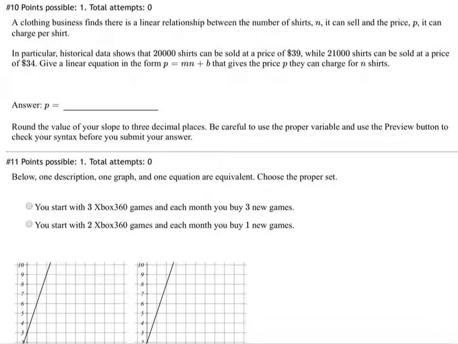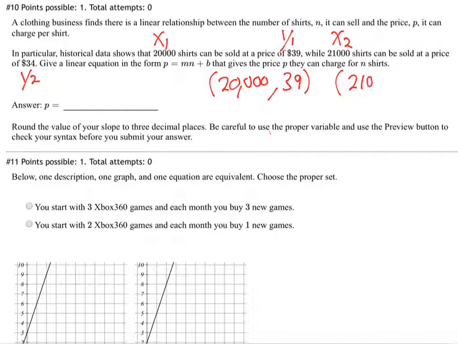Let me show you. This is X1, Y1, X2, Y2. They're telling you 20,000, comma, 39, and 21,000, comma, 34. Are they always like this in general?